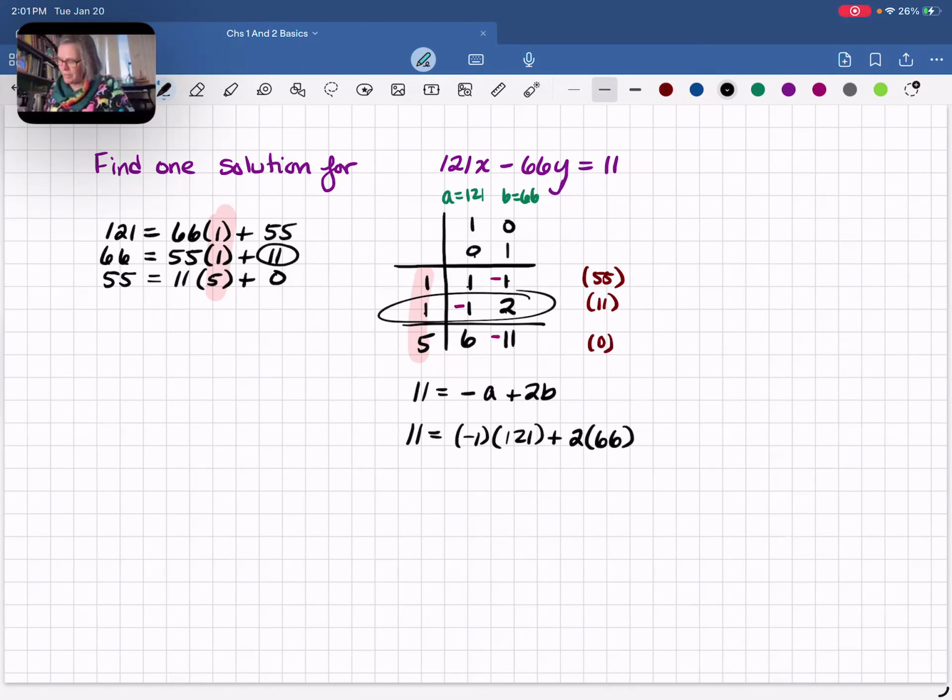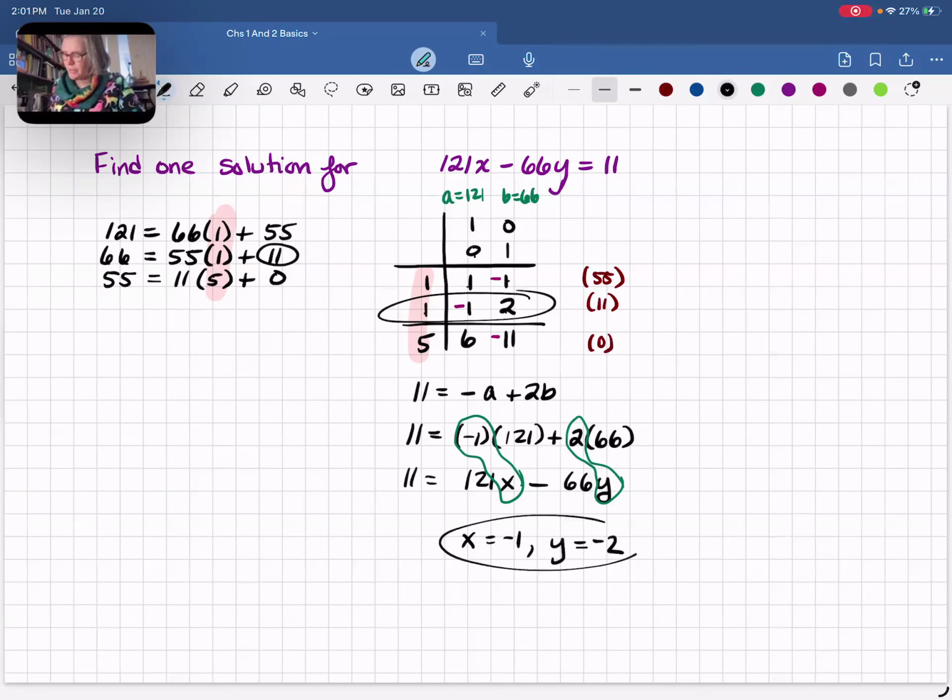Looking at my equation up here, I have 11 is 121x minus 66y, so I have to correlate what x and y are. I see here that x should be negative 1. It might be tempting to say y is 2, but that's not quite right because of the minus sign there. To get a minus up there, I would have to say y is negative 2. So x is negative 1 and y is negative 2.